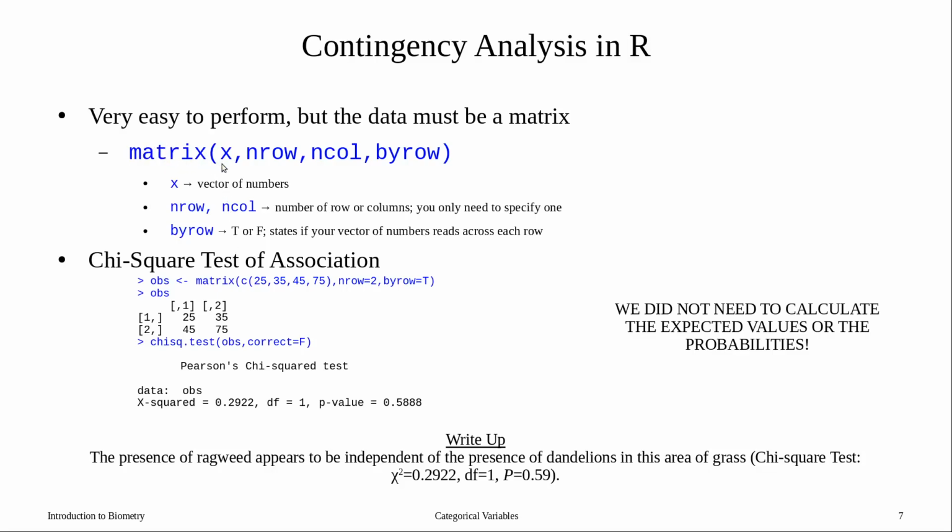And the matrix command is going to take a vector of numbers and create a matrix. Now, how does it know how many rows and how many columns to create? Well, we're going to specify either the number of rows that we want or the number of columns that we want. And then we'll specify if we entered our numbers by row or if we entered them by column.